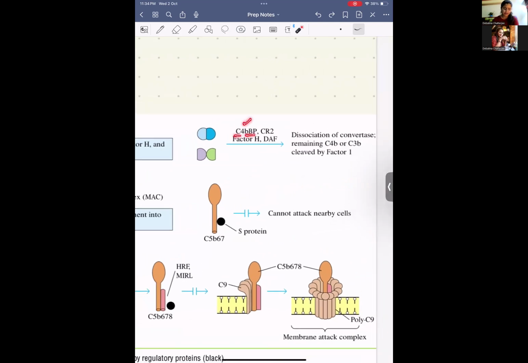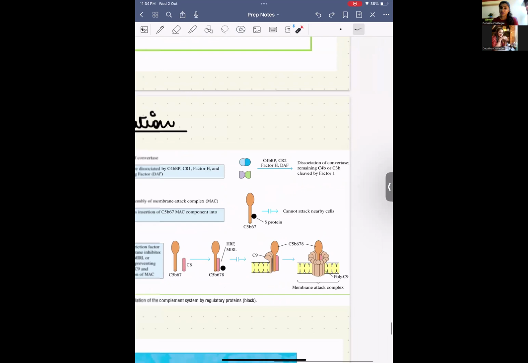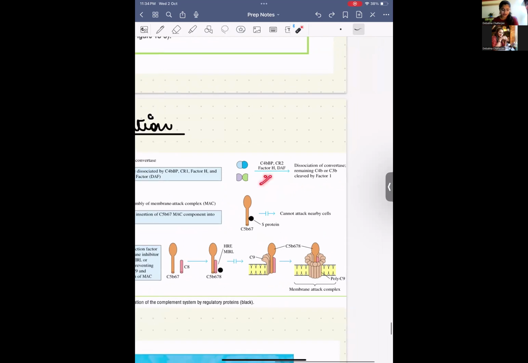C4b-BP, binding proteins, some complement receptor, a factor called factor H, or DAF. So this dissociation: the convertase had formed, but some factors came and bound to it, and that's how the convertase is dissociated, and the C4b or C3b are cleaved differently by factor I, so that the future assembly of the convertase is also prevented.